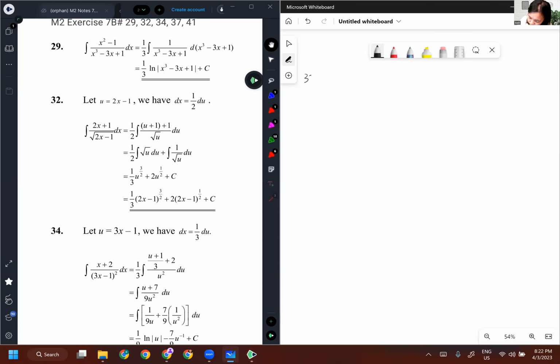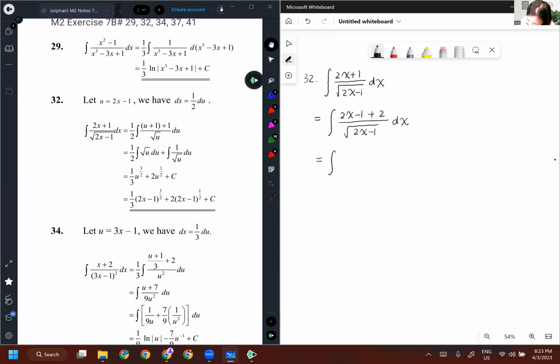For 32: the integral of (2x plus 1) over the square root of 2x minus 1 dx, which is equal to 2x minus 1 plus 2, over the square root of 2x minus 1.